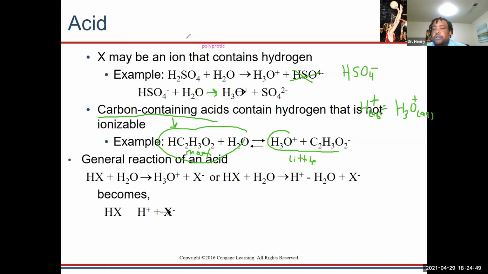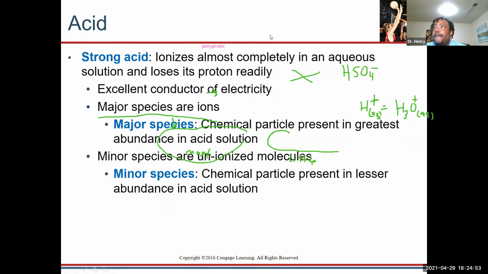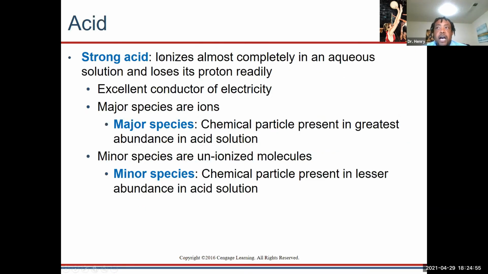Okay, so to recap again, strong acids ionize. So they're going to form a lot of ions, a whole lot of ions. So your major species are going to be your ions, okay? Now, your minor species is going to be the unionized molecule, that acid. An example of a strong acid is hydrochloric acid.